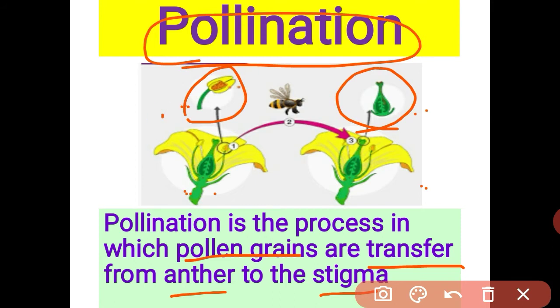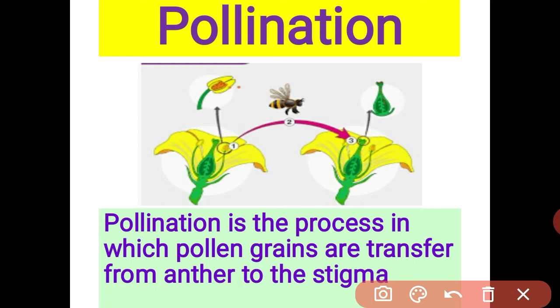So it is very important to transfer the pollen grain contained in the anther to the stigma, and this process is called pollination. Understood students what is meant by pollination?